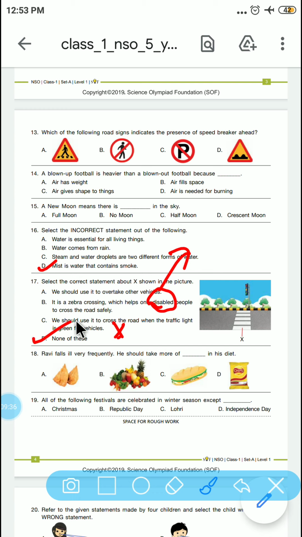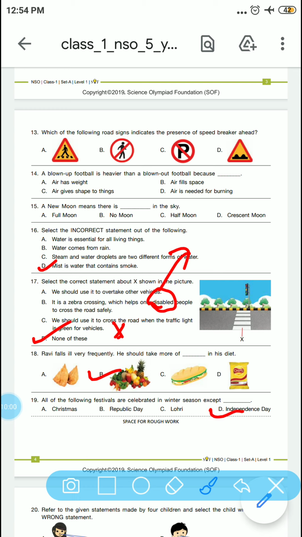So option D will be the correct option here. Ravi falls ill very frequently. He should take more fruits and vegetables in his diet. All these following festivals are celebrated in the winter season except which one? So except Independence Day.